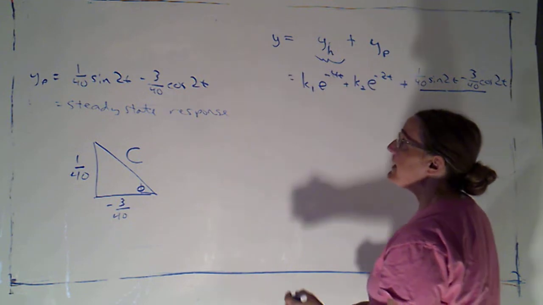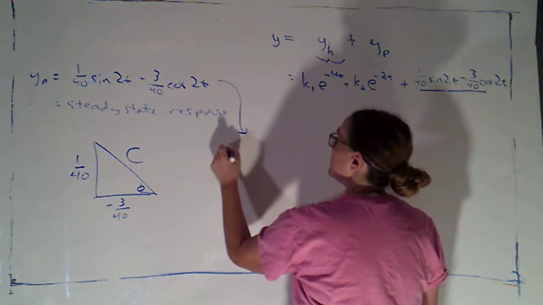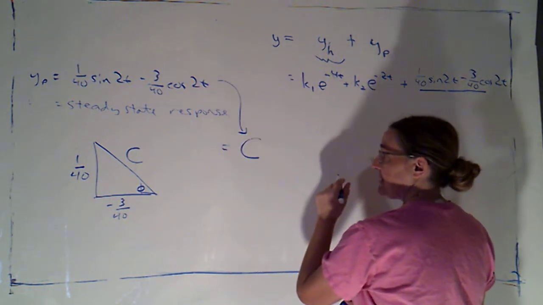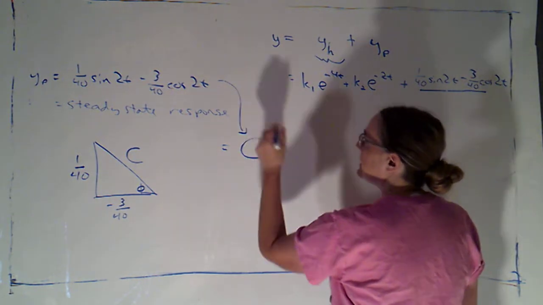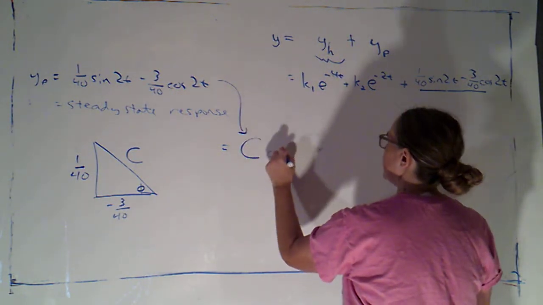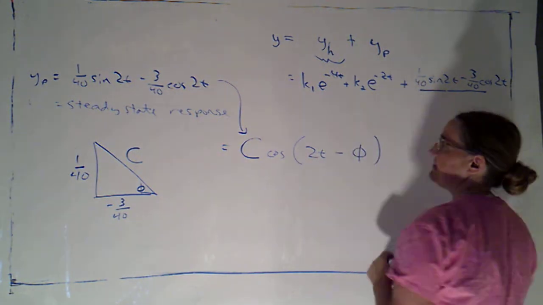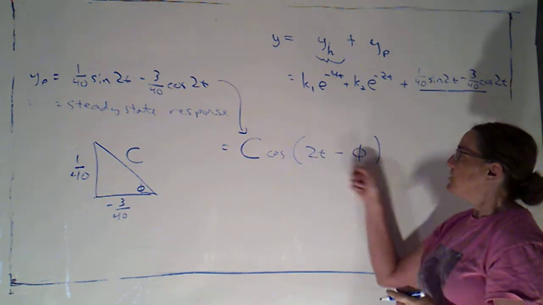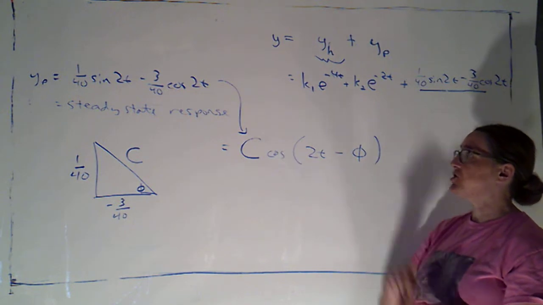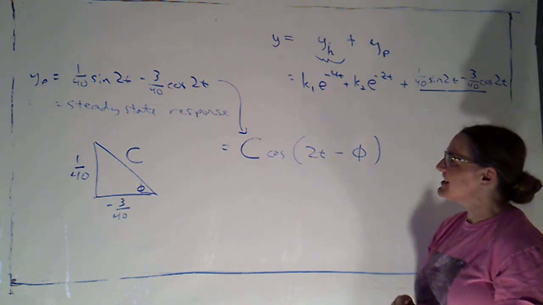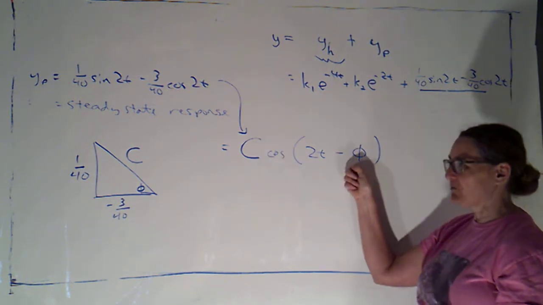Okay, and then this is going to equal C copies of cosine of 2t minus phi. So I can view this as a transformation of cosine. I just need to figure out what's my C and what's my phi.